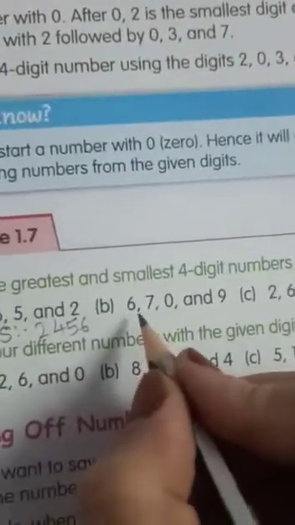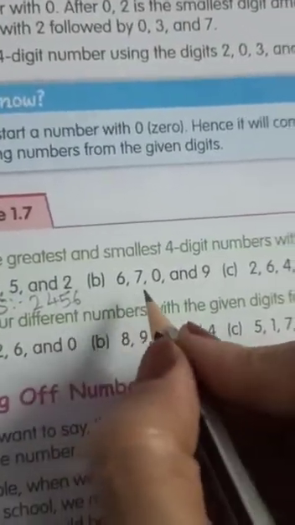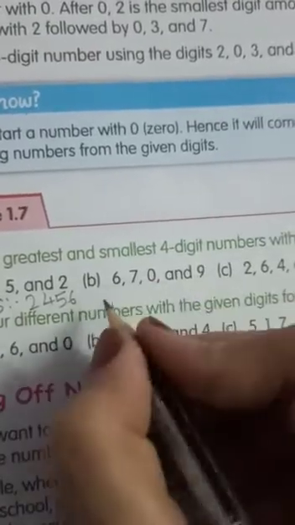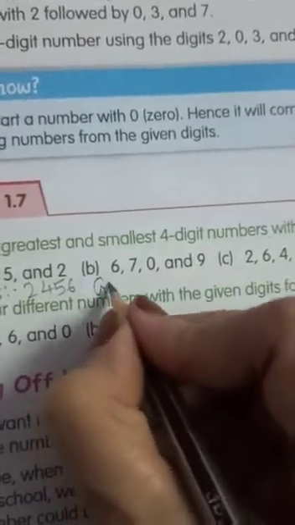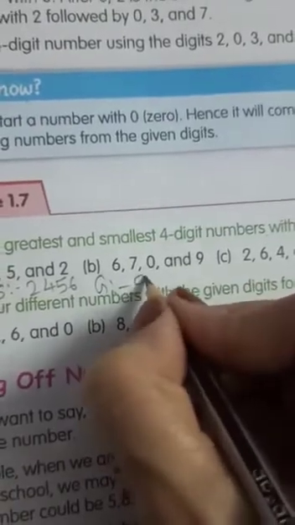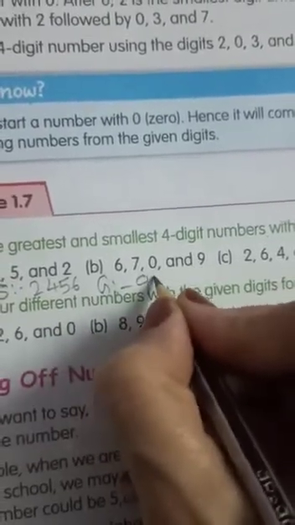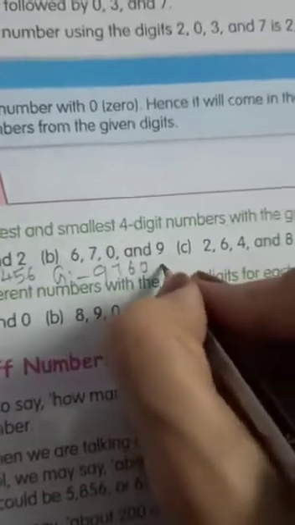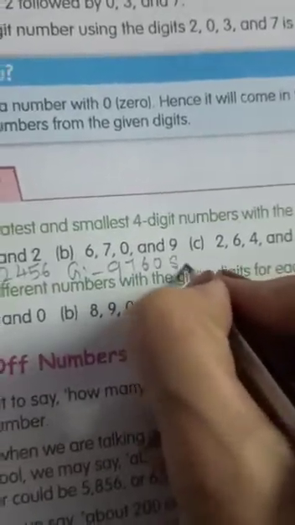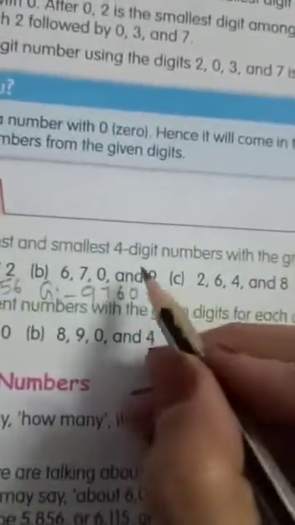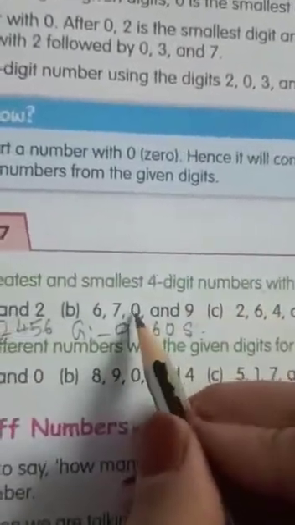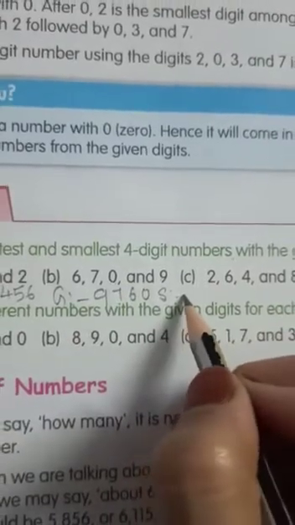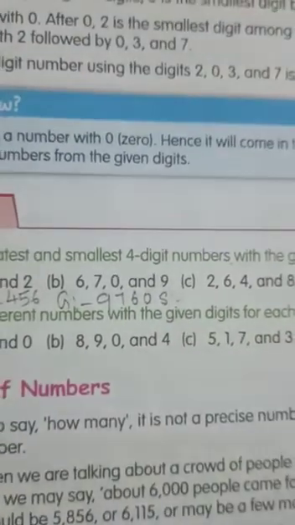So again we have to form a greatest and smallest 4-digit number by the given digits 6, 7, 0 and 9. So the greatest number here is 9760. And the smallest number here is, so children, we have to form a 4-digit number, but the smallest digit here is 0, so we cannot put 0 in thousands place because it will become a 3-digit number.